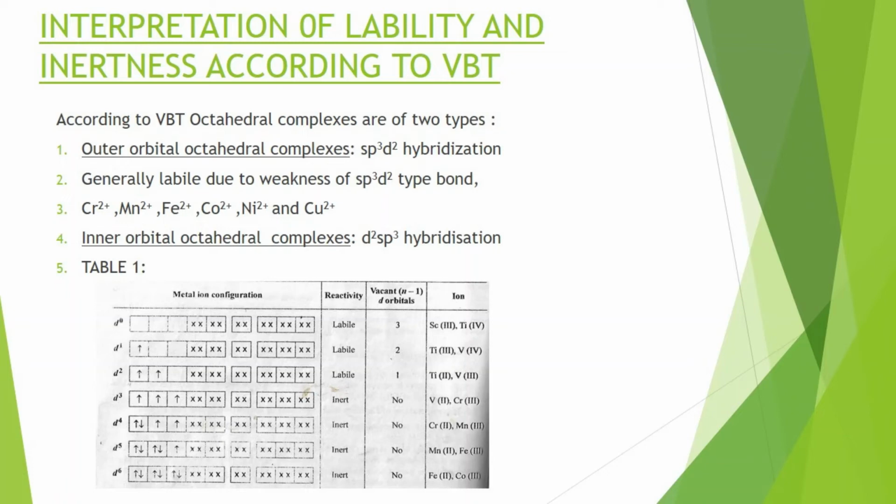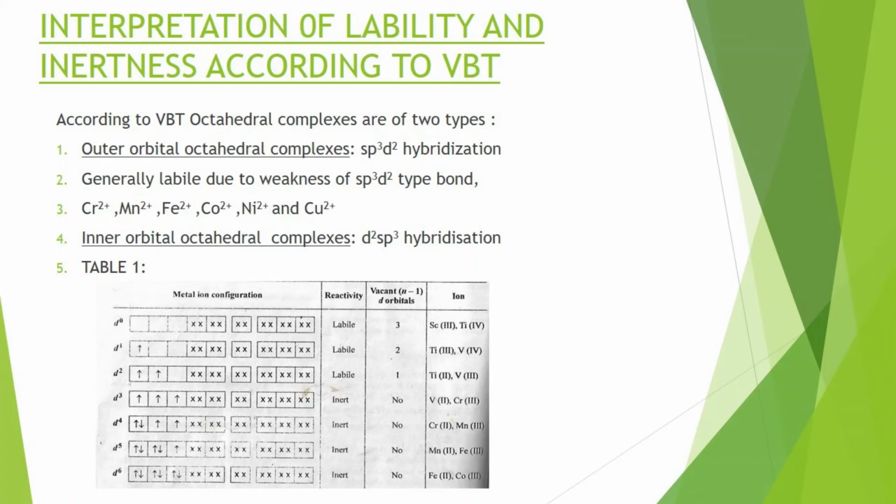Metal ions with d3, d4, d5 and d6 configurations have no vacant orbitals to accommodate electrons donated by the incoming ligand. Hence they form inert complexes. And metal ions with d0, d1 and d2 configurations form labile complexes.